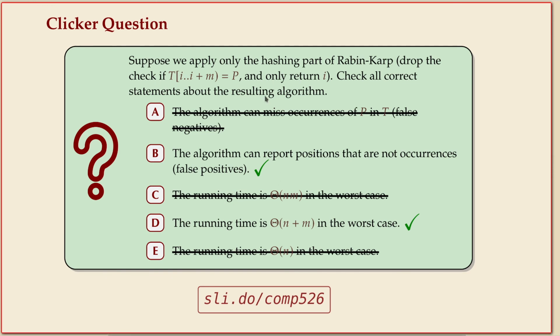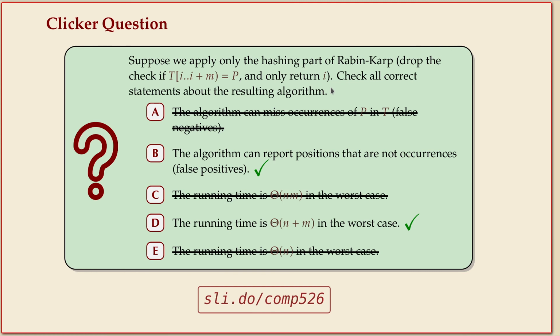We will never overlook matches, so maybe this is still useful. And if we omit the check, then the worst case running time is n plus m. So that's why maybe this is useful depending on what you want to do with it. Sometimes it's fine if you report all the correct matches and some extra ones, and you can later deal with them. It's just something to point out.